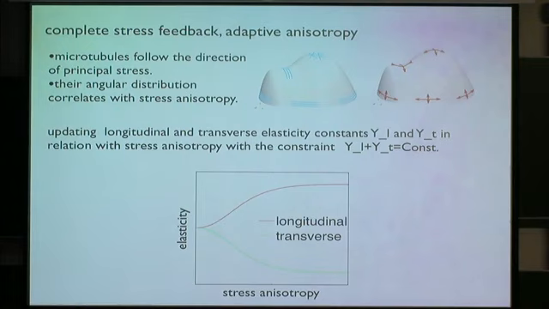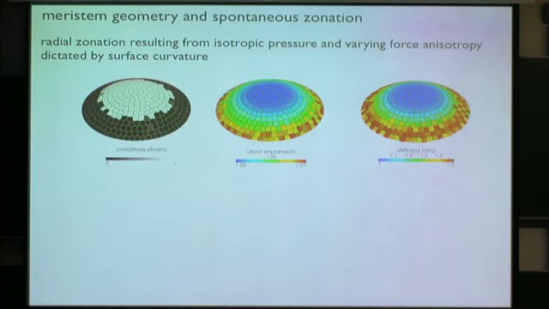This is a very ad hoc test that has been motivated by this kind of comparison between shapes. And we found a very interesting result. In this kind of geometry that has an anisotropic curvature, I mean it's a kind of paraboloid shape, we can get a circumferential pattern of the stresses.